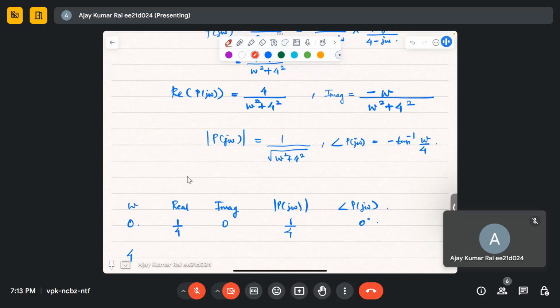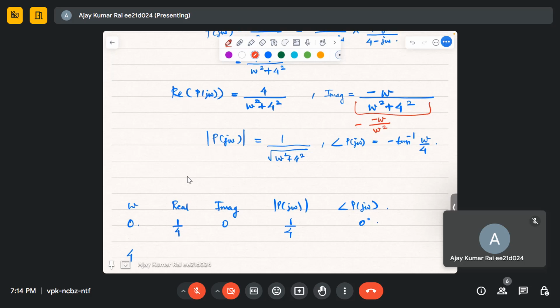So you see this part. Let's first see the denominator: omega square plus 4 square. Since omega is very, very large compared to 4 square, I can write the denominator as omega square.